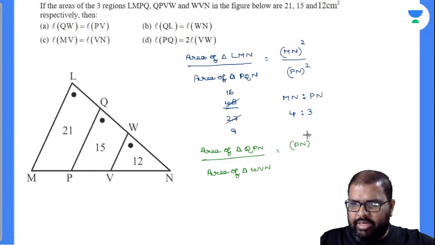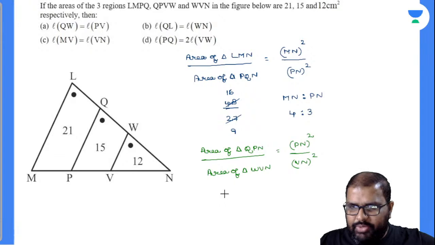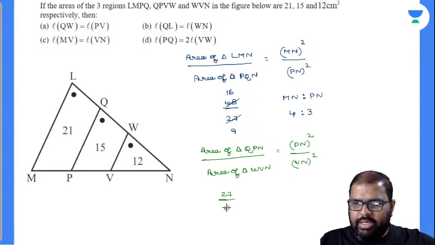Am I right or wrong? Divided by PN whole square. Correct. Now the QPN value is 27 divided by the VN value, which is 12. Can I take down this as 9 by 3?